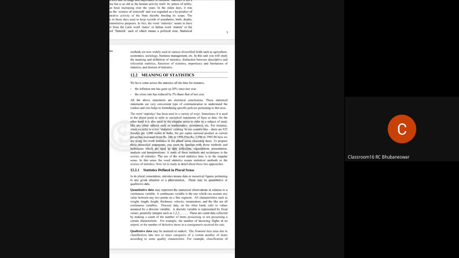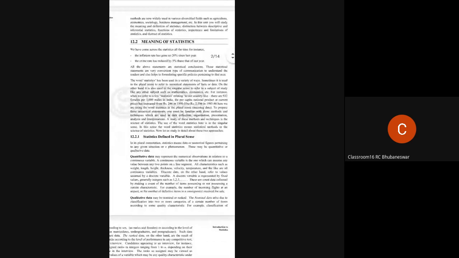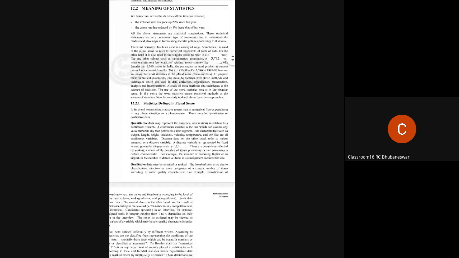So various definitions are there. As I was talking about quantitative and qualitative data, quantitative data is expressed in numbers and units, like height, marks, velocity, temperature.